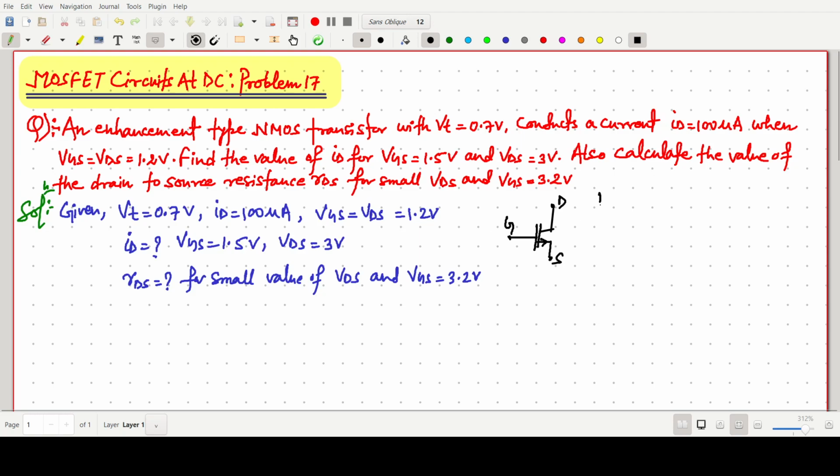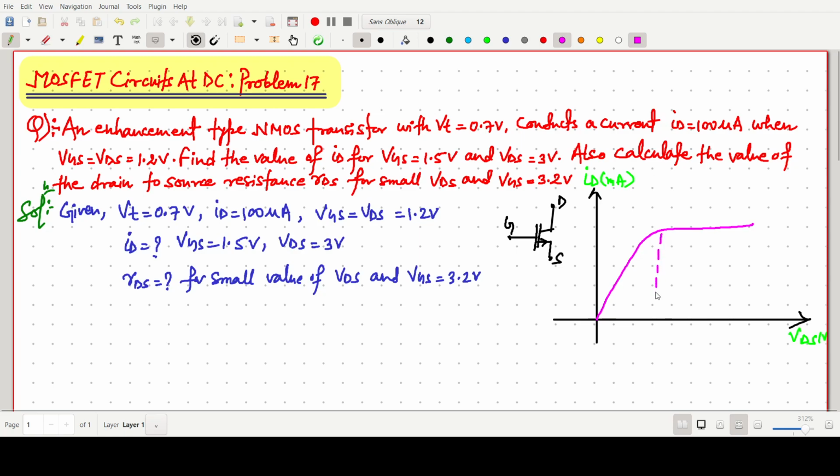Before that, once again I am drawing the very fundamental characteristics, ID in milliampere range and VDS in volt range. This characteristic is also very important. This curve is our VGS minus VT. This side is the saturation region, and this is the linear region.